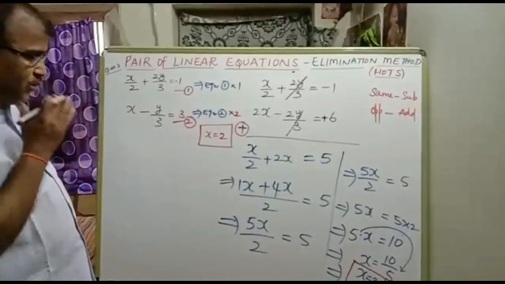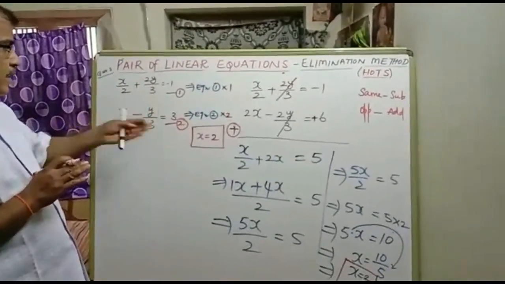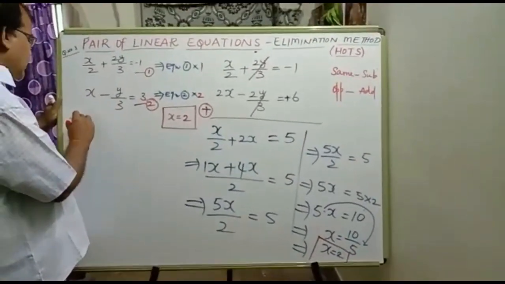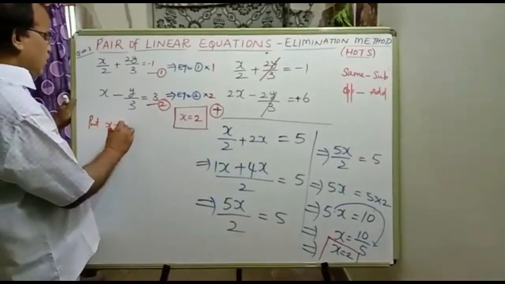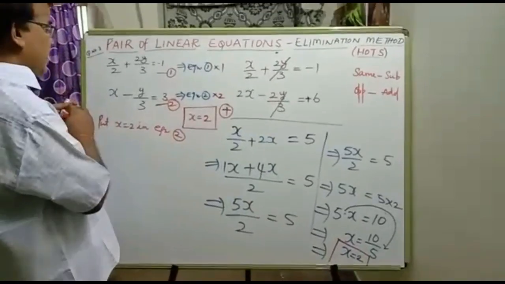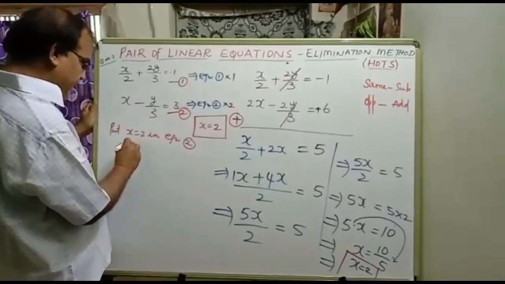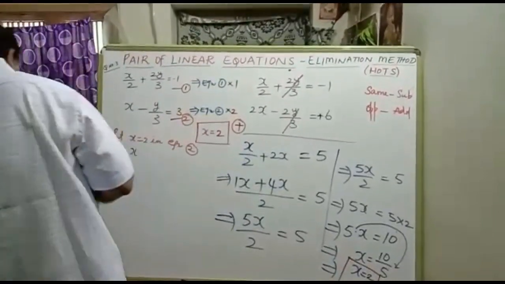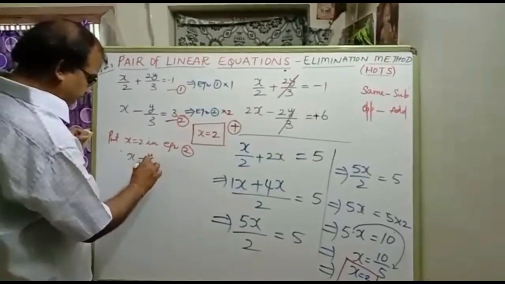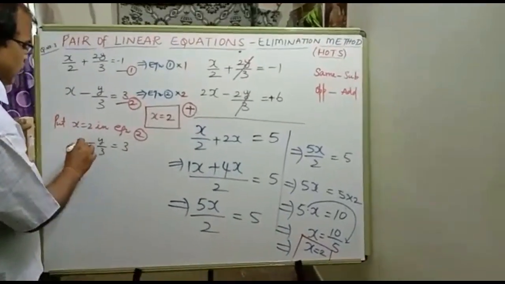I got x is equal to 2. Substitute x is equal to 2 in either 1 or 2. So I substitute in 2. Here put x is equal to 2 in equation 2, x minus y by 3 is equal to 3.